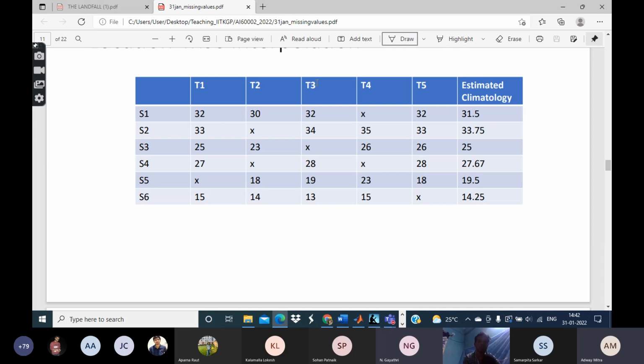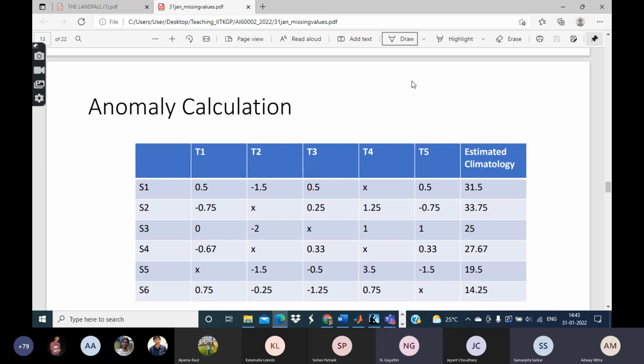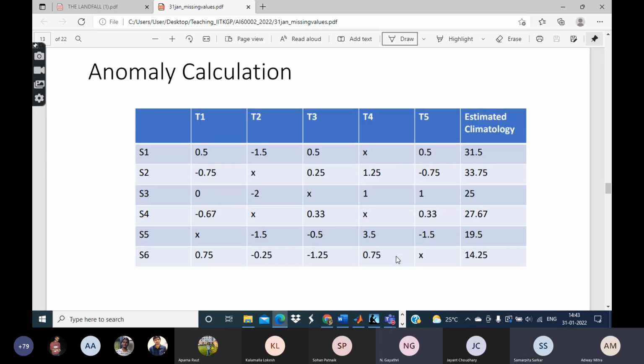On the temporal side, we have seen that there is not so much temporal change, so we can take both t3 and t5 as the neighbors. Now, first of all, let us reduce the data set to that of the anomalies. What is anomaly? As we discussed initially in the first slide itself, it is the difference between the observed value and the climatology, the long-term mean.